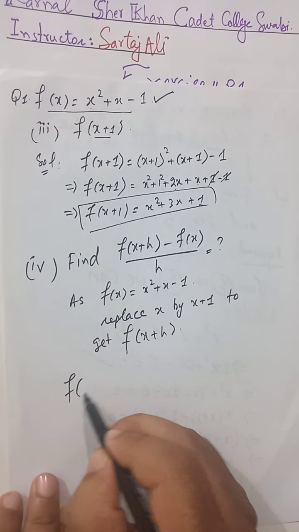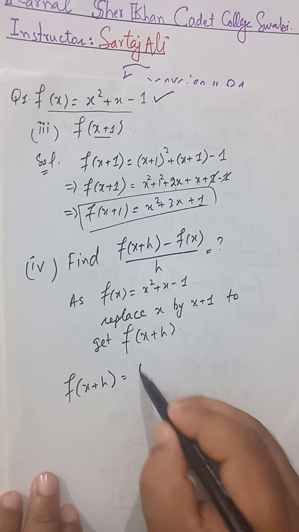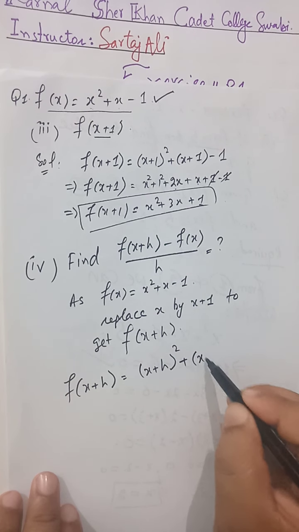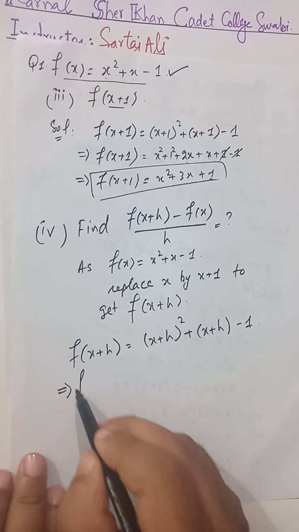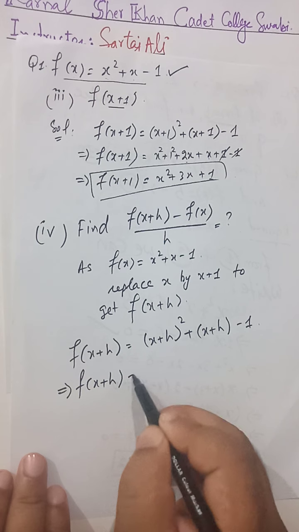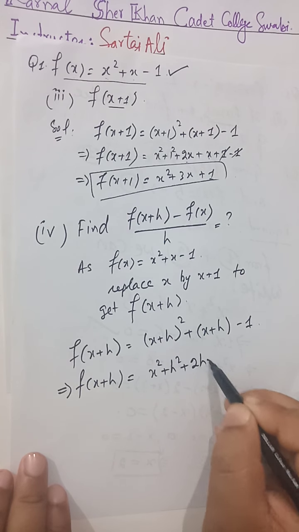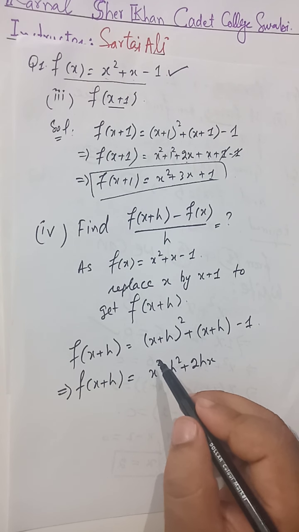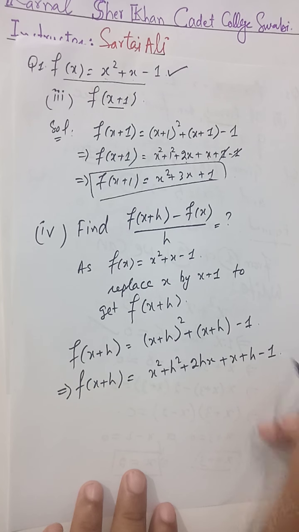You see that I am replacing this x by x plus h, this x will be replaced by x plus h whole square, this x will be replaced by x plus h minus 1. So f of x plus h is equal to x square plus h square plus 2hx, a plus b whole square. Here the value of a is x and the value of b is h, and that is x plus h minus 1.